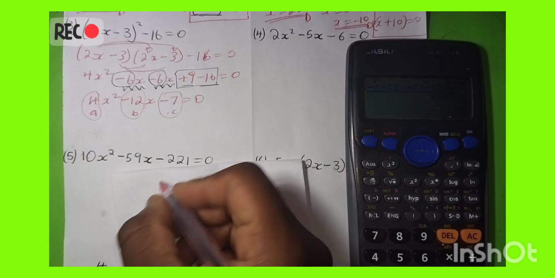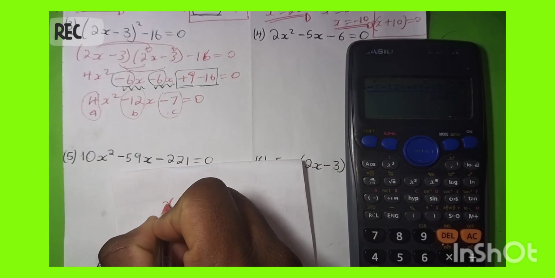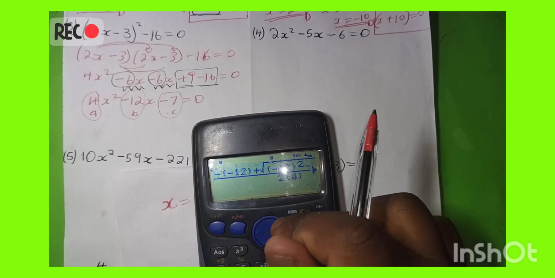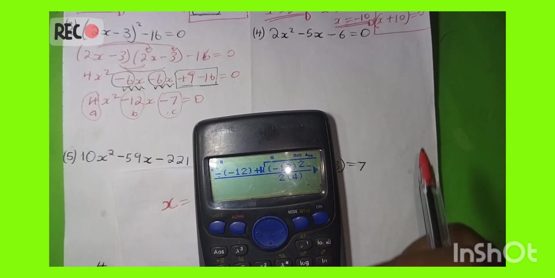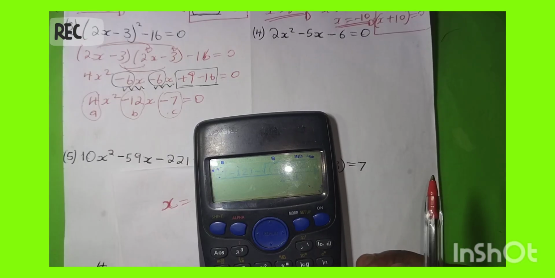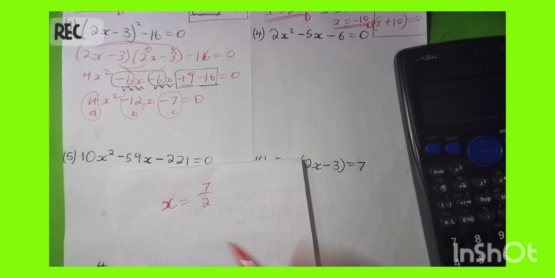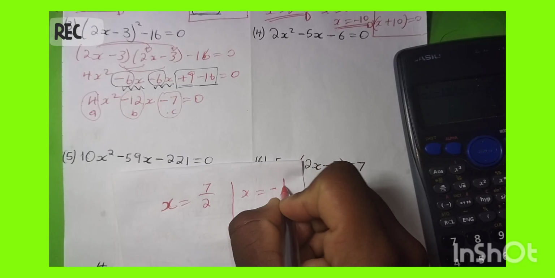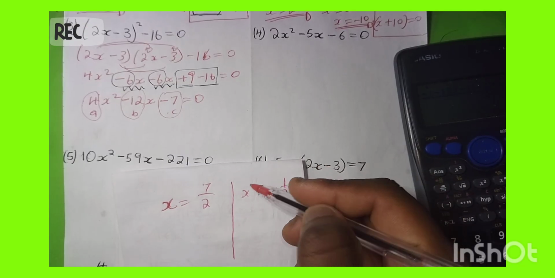My first answer here is 7/2. Then what about my second answer? Let me change this to be negative. Here I still get an answer x = -1/2.